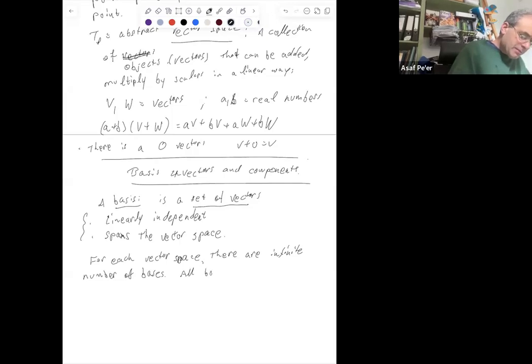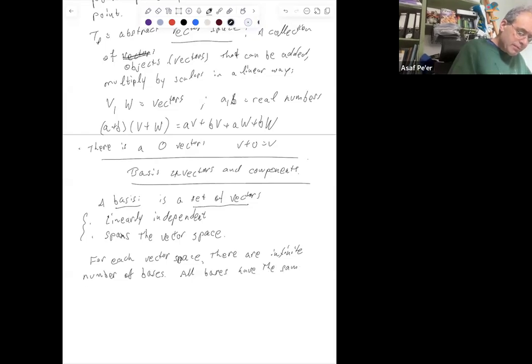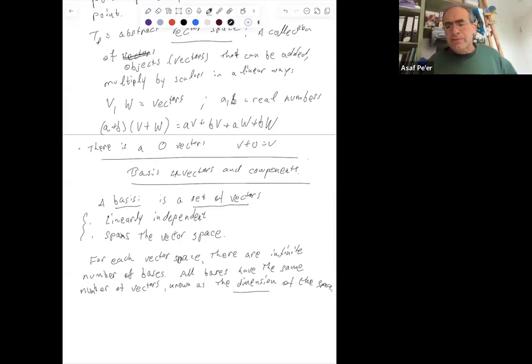All bases have the same number of vectors, known as the dimension of the space. Of course, in Minkowski space, the dimension is 4. You need 4 vectors to span the Minkowski vector space.